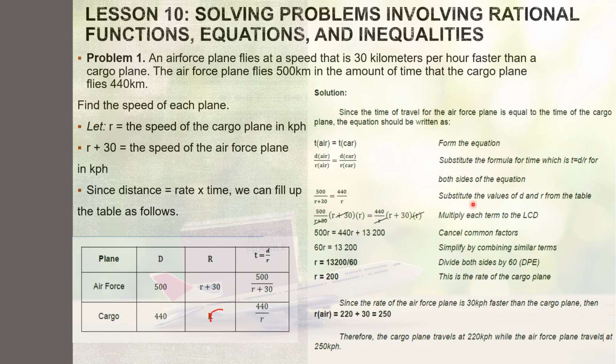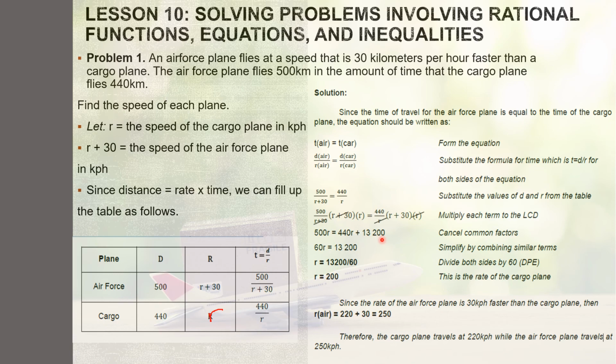We can get the LCD or we can cross multiply. 500 times R is 500R equals 440 times R plus 30. So 440 times R is 440R plus 440 times 30.